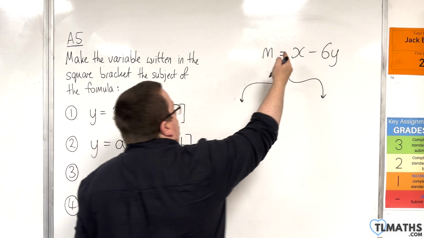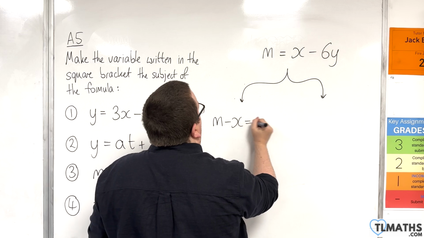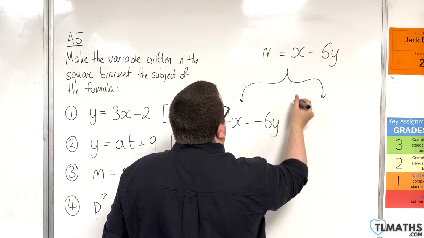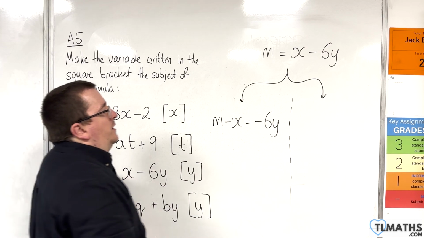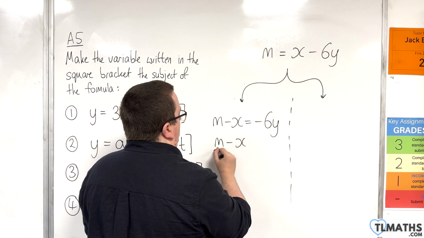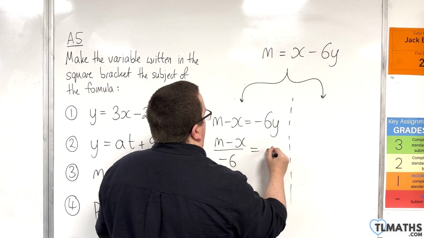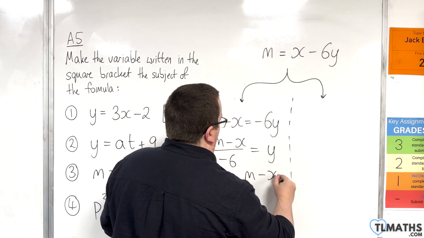So let's say I subtracted the x from both sides first. So m take away x, and I've got left the minus 6y. Then I can divide both sides by the minus 6. And so now I've got y as the subject of the formula.